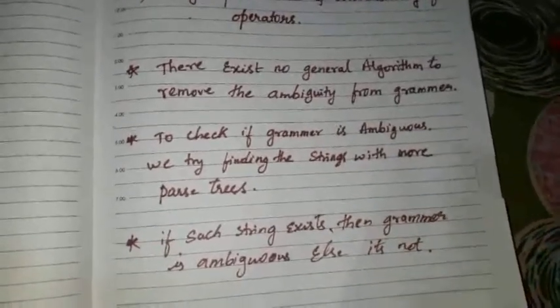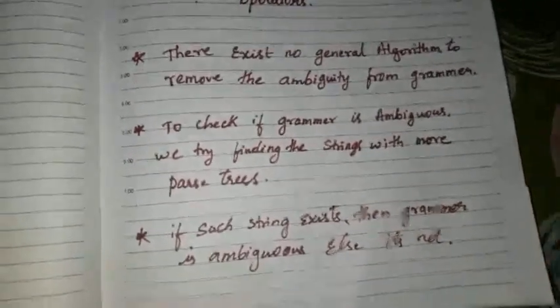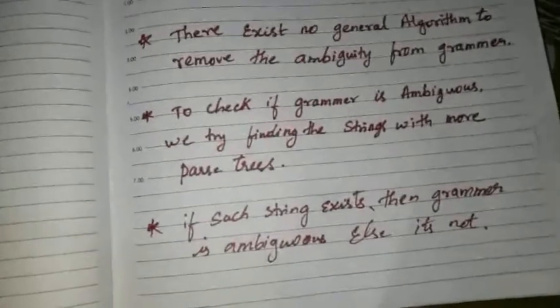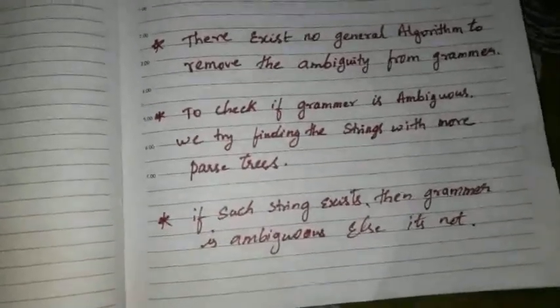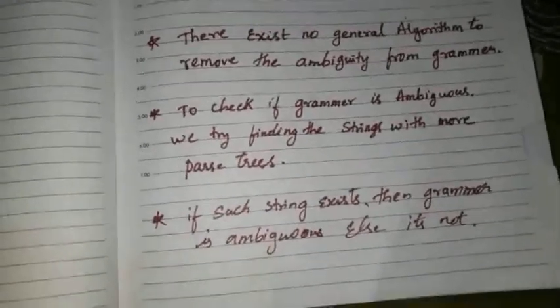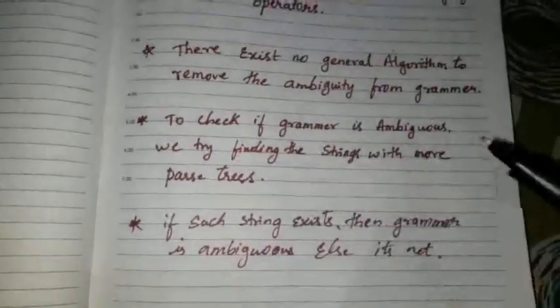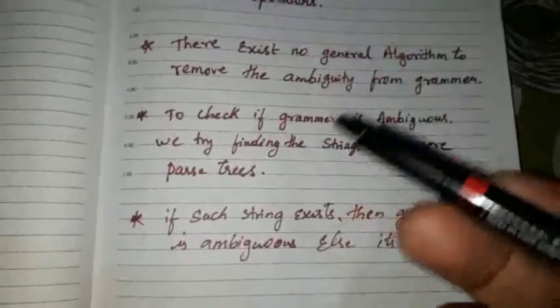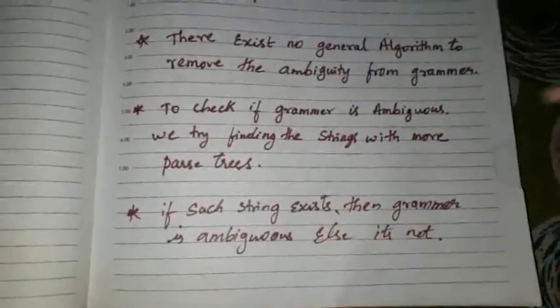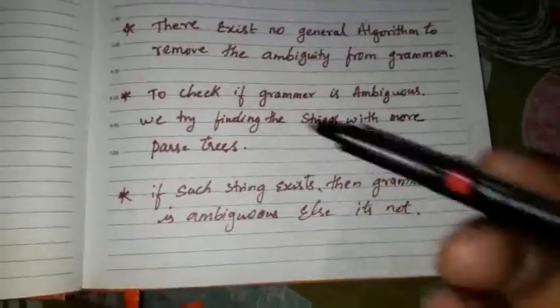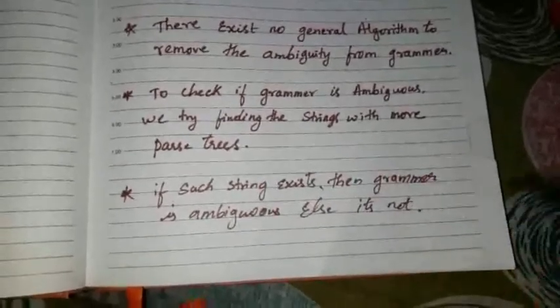And we cannot convert all ambiguous grammars into unambiguous grammars. Next, to check if the grammar is ambiguous, we take a string and generate multiple parse trees for the same string. If multiple parse trees exist, then we say it is ambiguous.